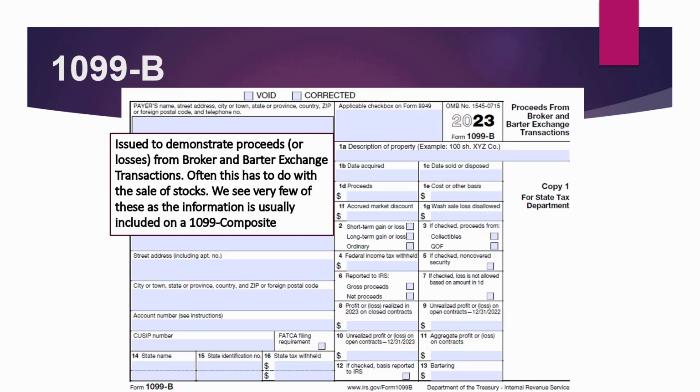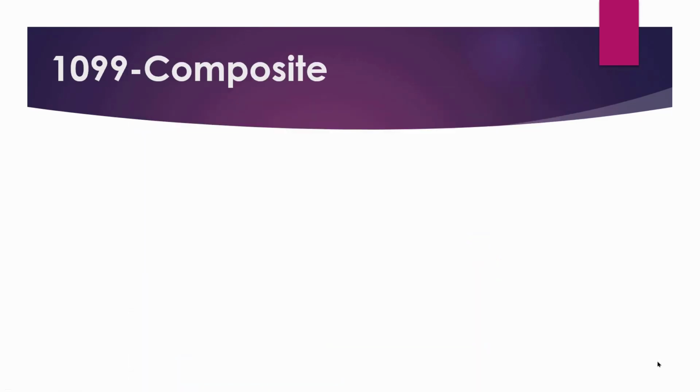Often this has to do with the sale of stocks. We see very few of these, as that information is usually included on a 1099 composite.